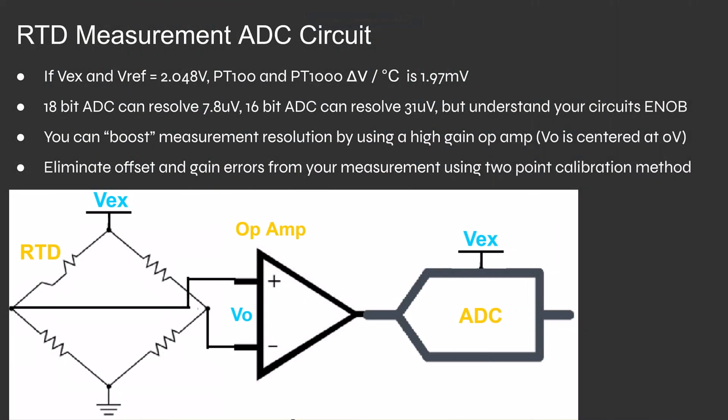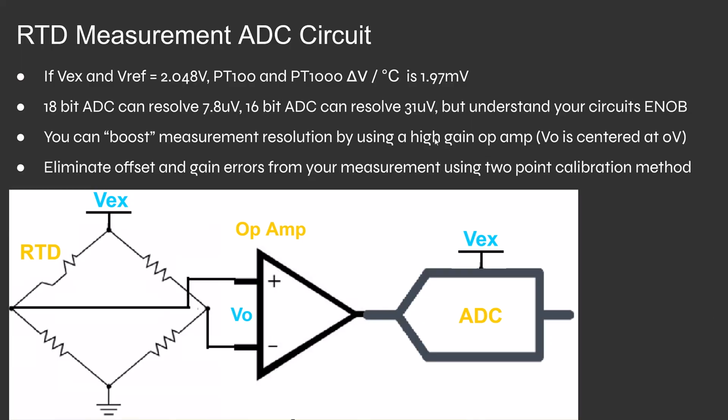Okay, lastly, I want to end this video with just some comments on the ADC and your measurement circuit. So this was focused on the RTD sensor and the Wheatstone Bridge especially, but of course we need an ADC circuit to measure it. You could check out the precision logger, which has everything you need to make an RTD measurement if you're unfamiliar with ADC designs, and it's an open source board.